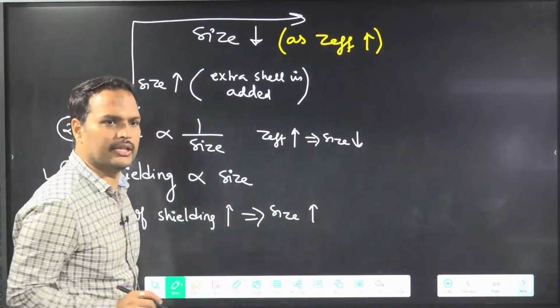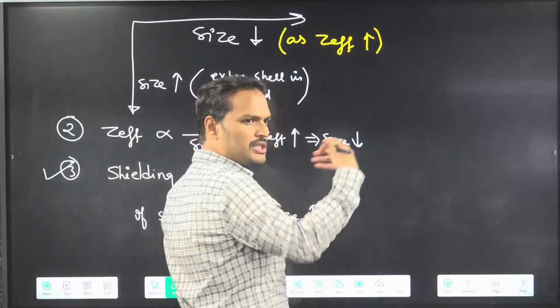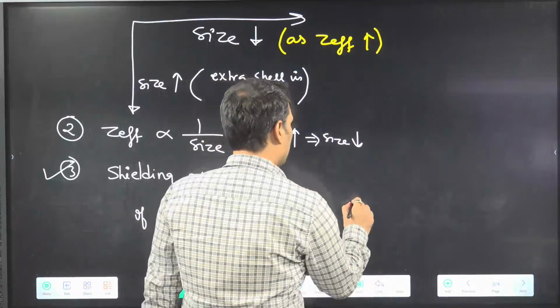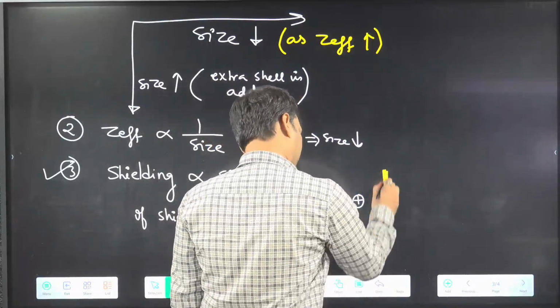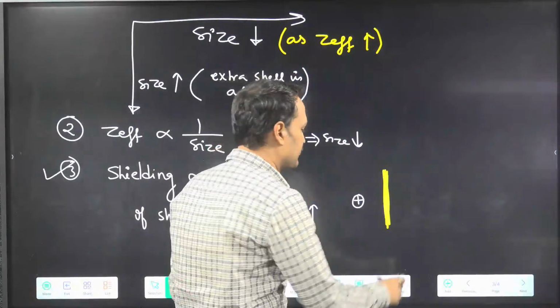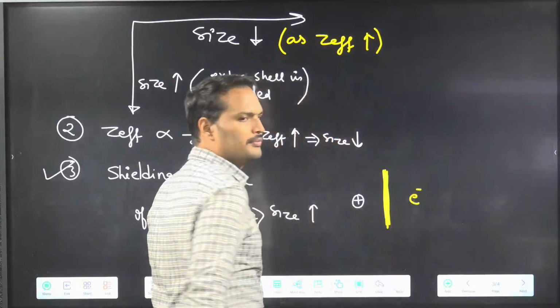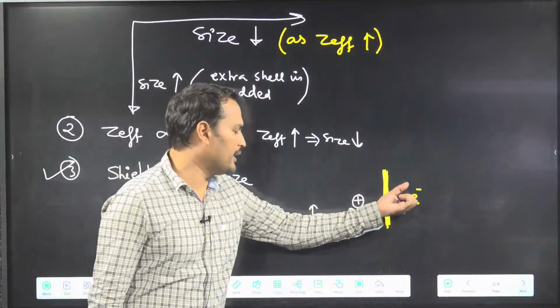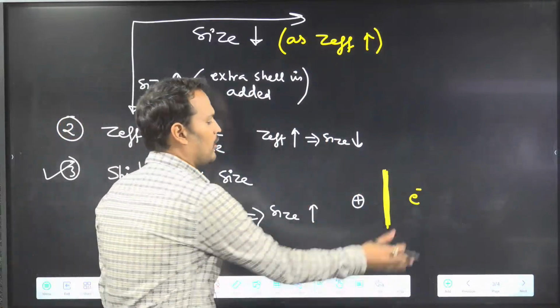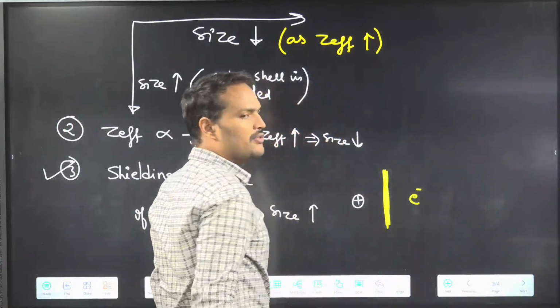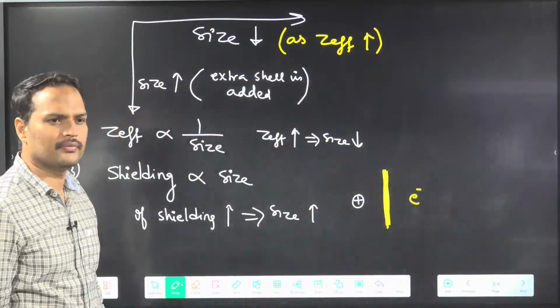Now you try to think this. Don't just say haan, directly, inversely. You think this is the nucleus. Shield means this is my shield, the best shield in the world. This is my electron. Now you think, can the nucleus pull the electron? No. Electron will move, size will increase. ठीक है ना?